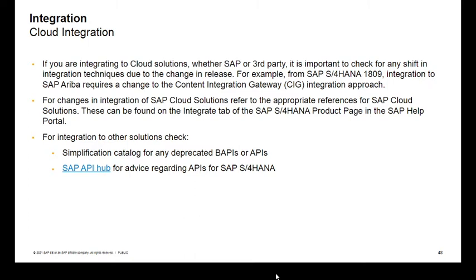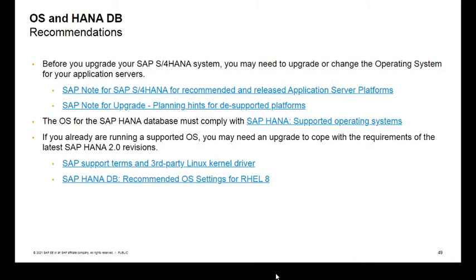Okay, let's look at operating system and HANA database recommendations to see what's the recommended and released application server platforms, and that will have reference with the operating system. It's very important that you have a supported operating system underneath.